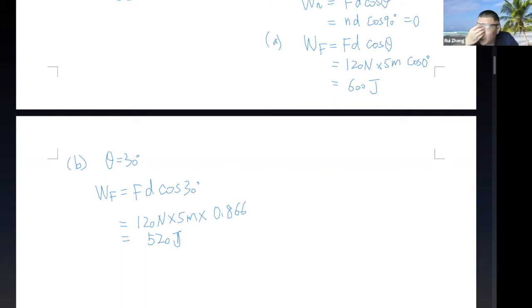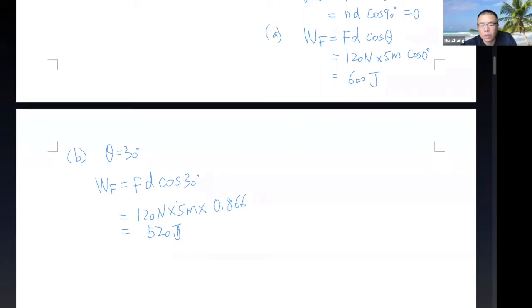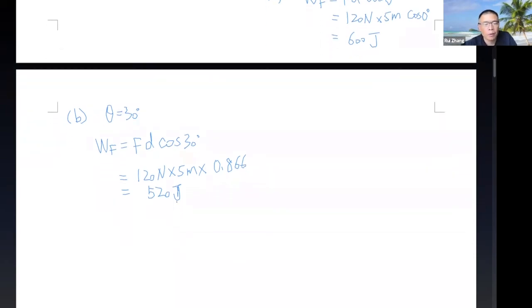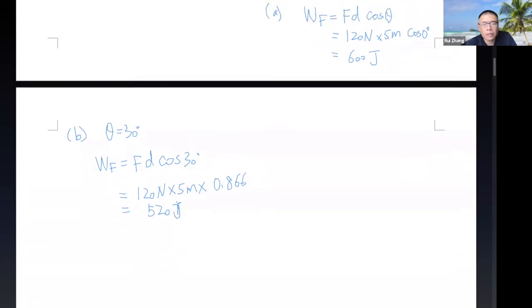The reason is that in the second case, only one component of the force is doing the work, while the other component is not doing the work. You may think, how could it be possible, since in both cases the object moves.